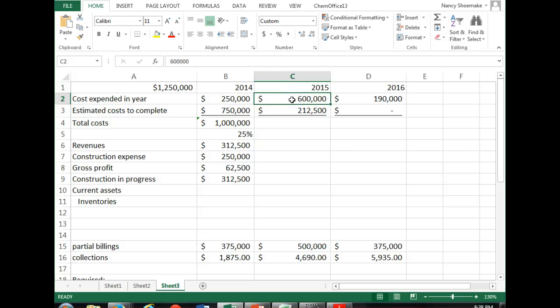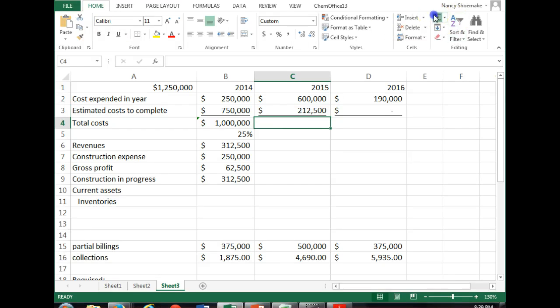So how would we calculate the gross profit for 2015, guys? Would we take the 250 plus the 600 plus the 212 and have that as your denominator, right?